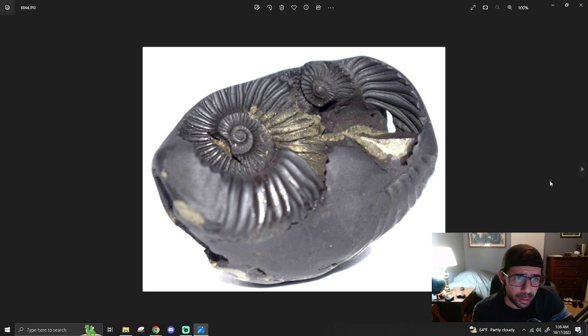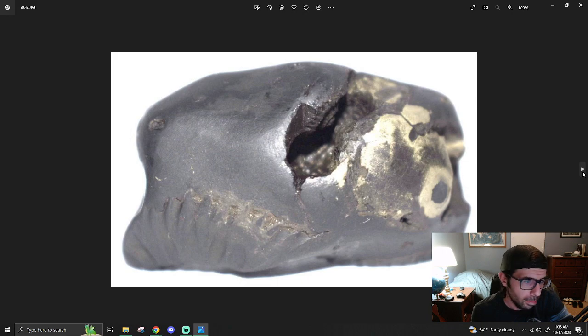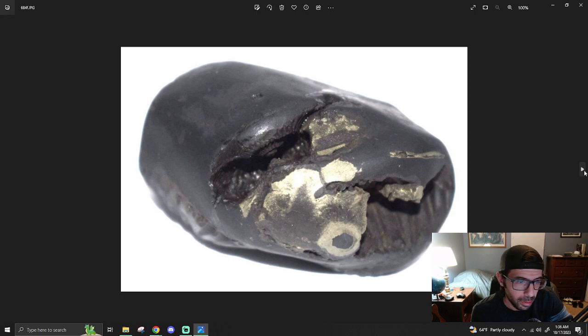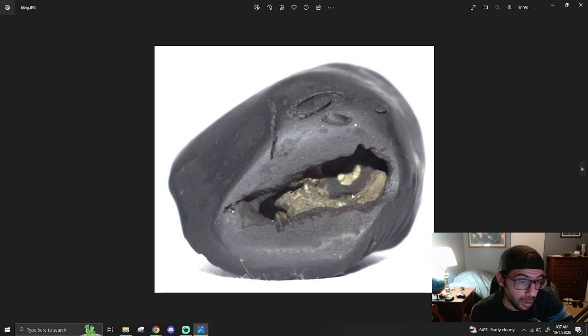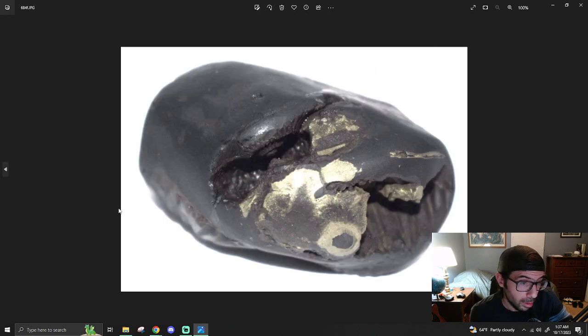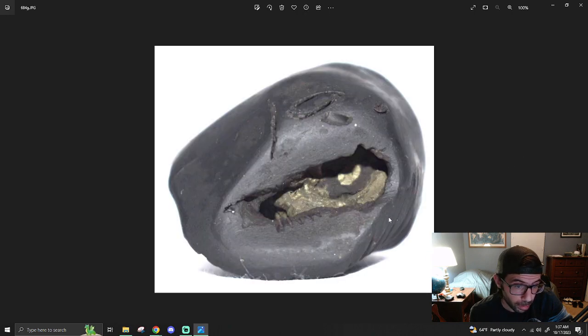These ain't no fossils. They're so incredible. Okay, so this is the same stone then. And this one is, I guess, on the opposite side there. Where those are.